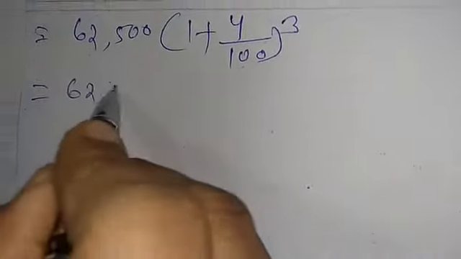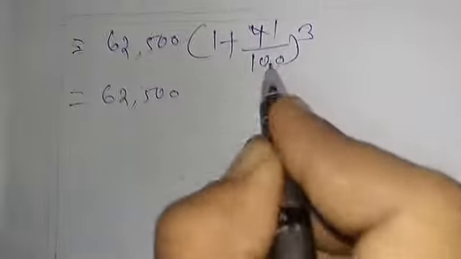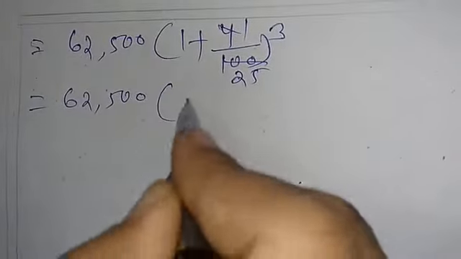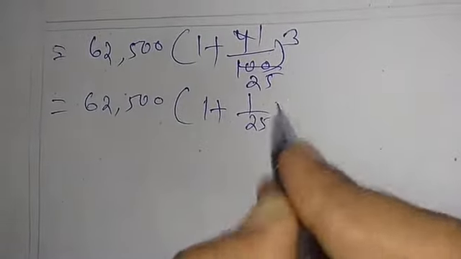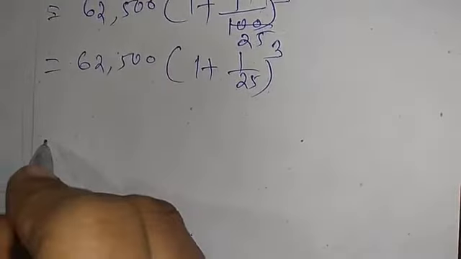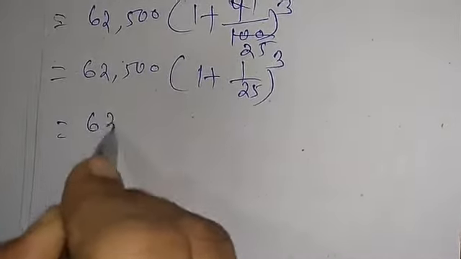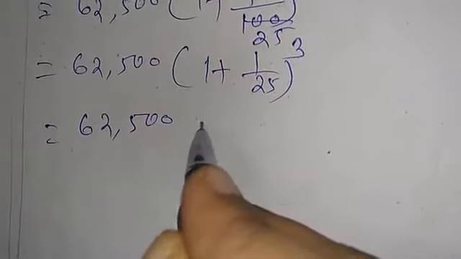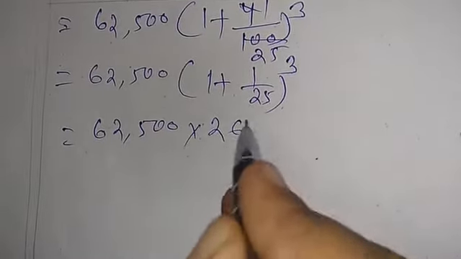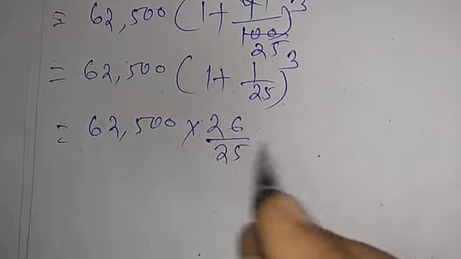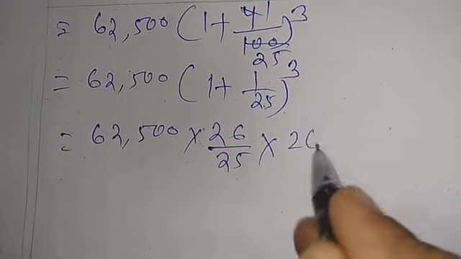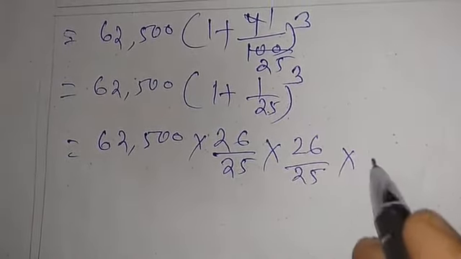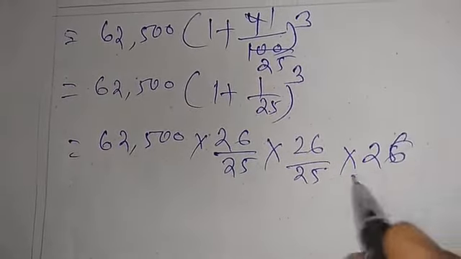So 62,500 into 1 plus 1 by 25 to the power 3. So 62,500 into 26 by 25, multiplied 3 times.